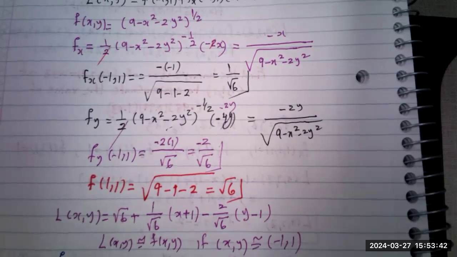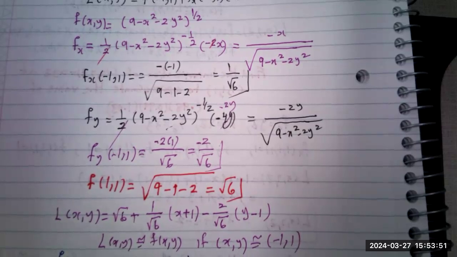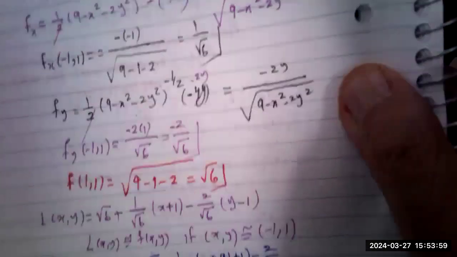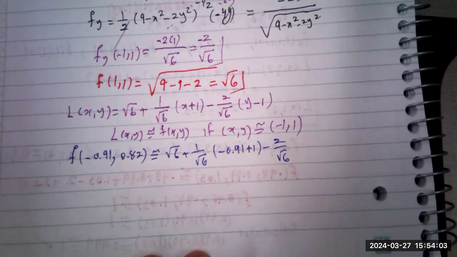So this is going to be almost like radical 6, 1 over radical 6 times the difference. X is -0.91 plus 1. And it's going to be minus 2 over radical 6. Okay, so -0.91 plus 1.